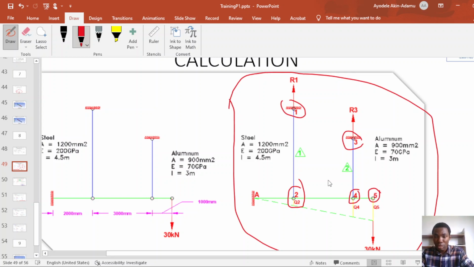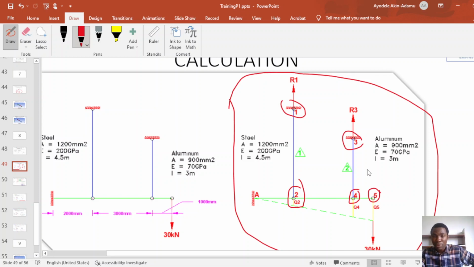And if you should notice, we only have two finite elements labeled in the drawing: finite element 1 and finite element 2. The part between 2 and 4 is rigid, so I didn't number that part. You don't need to number that part.